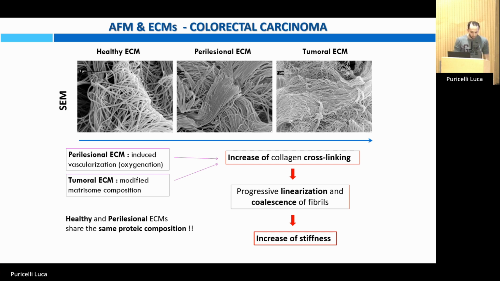As I said before, especially if we are going to investigate multidisciplinary topics overlapping in several fields, AFM could provide us information about mechanics, but scanning electron microscopy could provide us information about the topography of the samples, which showed a gradual increase of linearization and coalescence of the fibres composing the ECM.